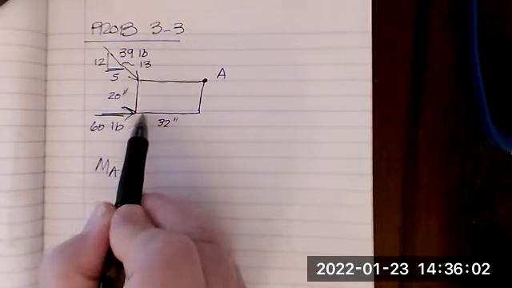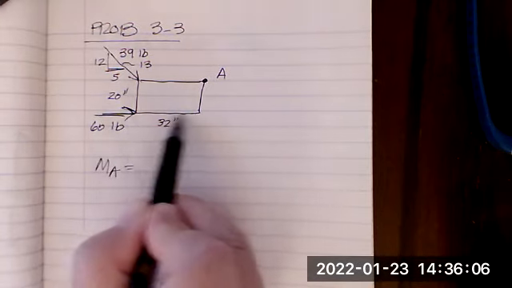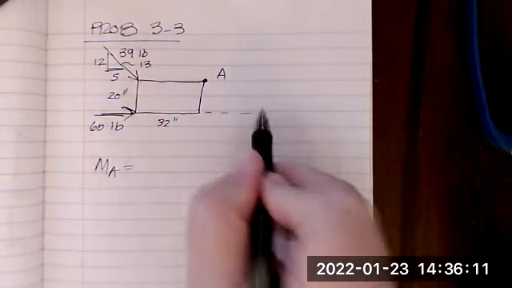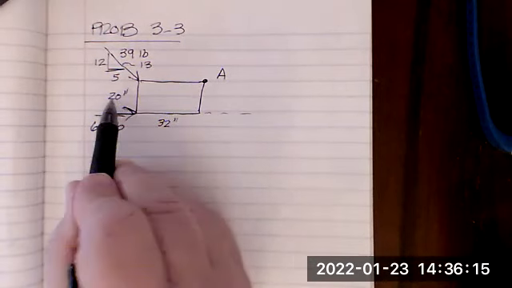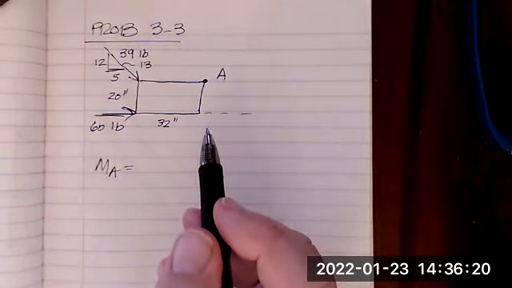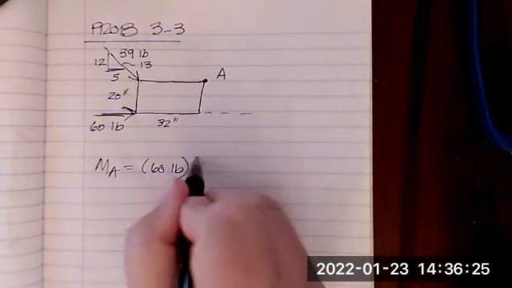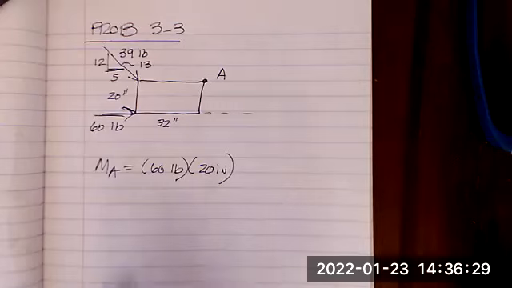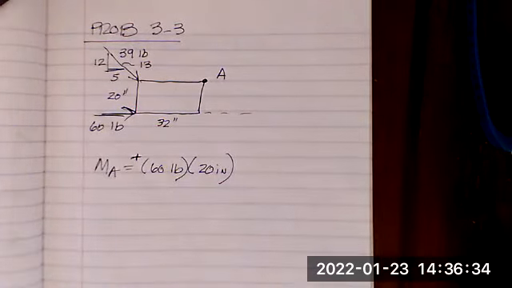This force can be translated anywhere along this line of action, but it's always going to be 20 inches from A, the perpendicular distance. So we have 60 pounds times 20 inches, and that's causing a counterclockwise rotation, so that's positive. I'll just put a plus.